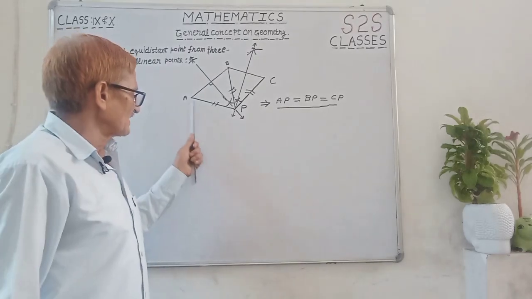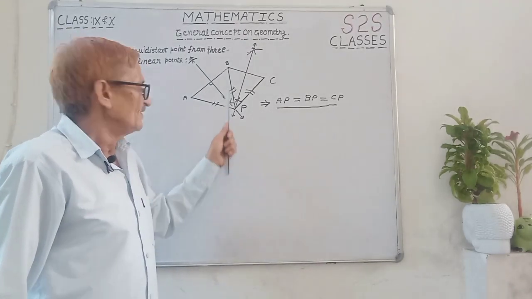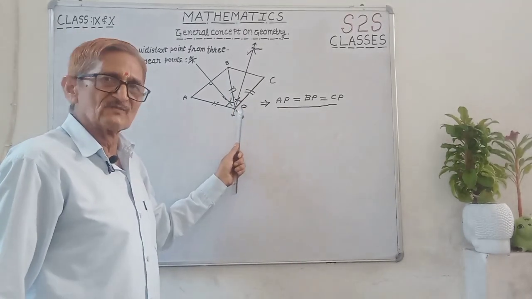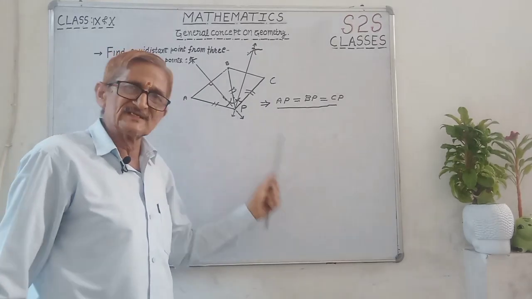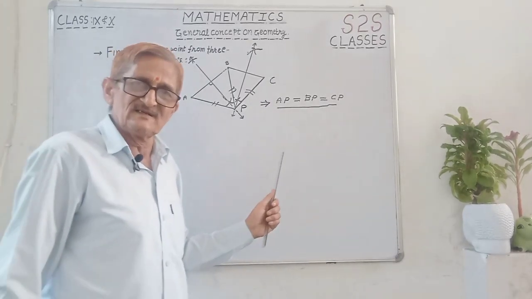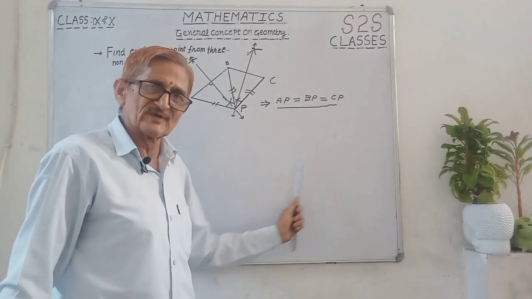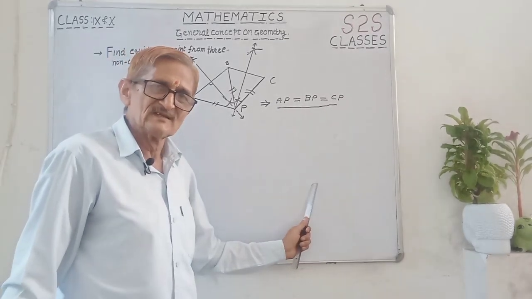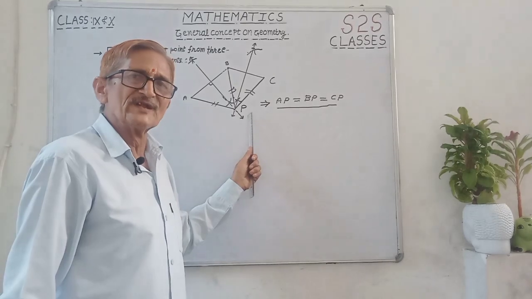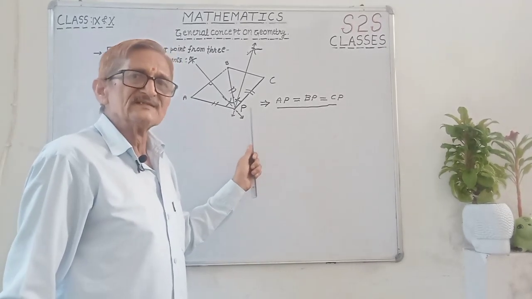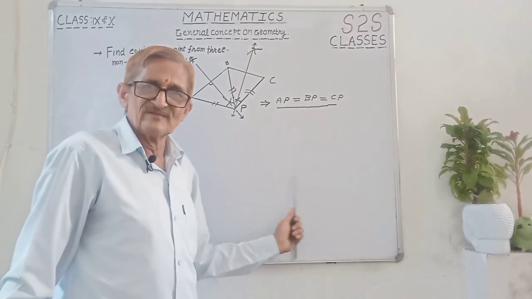Then you can find distance AP by the distance formula, find distance BP by the distance formula, find distance CP by the distance formula, and then you can make two equations. AP equal to BP, you can make an equation in two variables. Take the coordinates of point P as a comma b, then in a and b will come one equation.